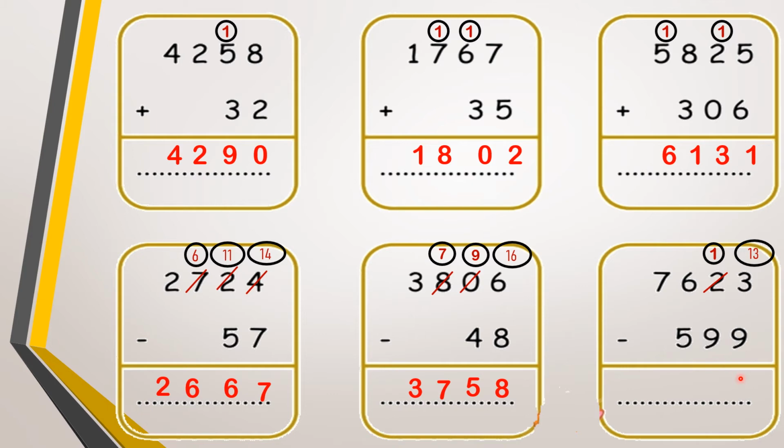Now 13 minus 9 is 4 and 1 minus 9, I can't take away 9 from 1, so it will borrow 1 from 6, so this 6 will be 5 and this one will be 11. 11 minus 9 is 2 and 5 minus 5 is, sorry, it's 0, and 7 will be down 7 because I have nothing here.